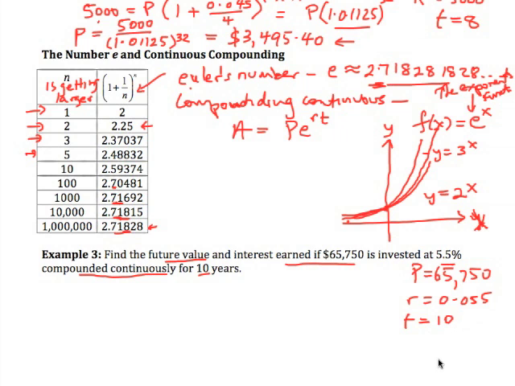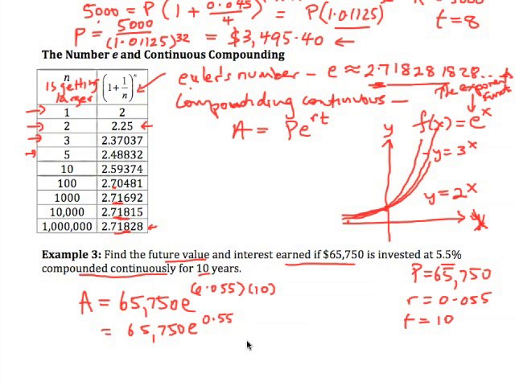That's all we need for this one. So A will be equal to 65,750 e to the 0.055 times 10, which is 65,750 e to the 0.55.